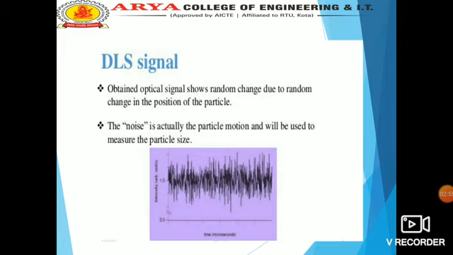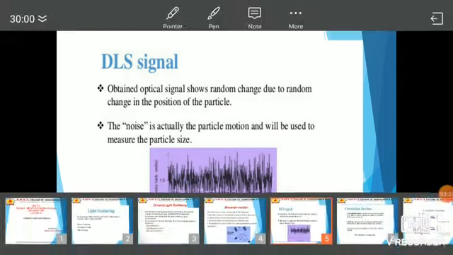Now, the DLS signal, this obtained optical signal, shows random change due to the random change in the position of the particles. The noise is actually the particle motion and will be used to measure the particle size or molecule size.